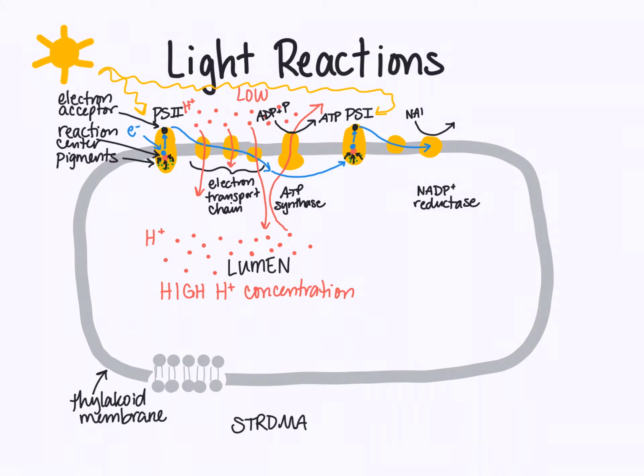So NADP plus actually picks up that electron and some hydrogen ions in order to form NADPH. So through these reactions, it's important to note the production of ATP and NADPH because these are molecules that we are going to need during the Calvin cycle, which is the second set of reactions that occur in photosynthesis.